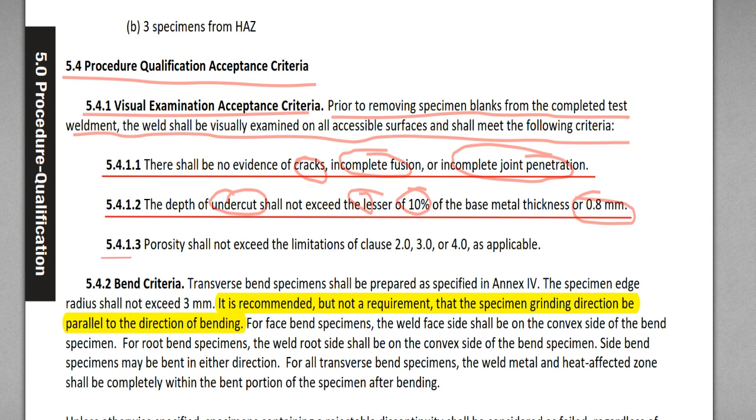And 5.4.1.3 porosity shall not exceed the limitation of clause 2, 3, or 4 as applicable. Clause 2 is structural steel visual inspection acceptance criteria, number 3 is workmanship requirements and visual inspection acceptance criteria for pipeline, and number 4 is pressure piping.